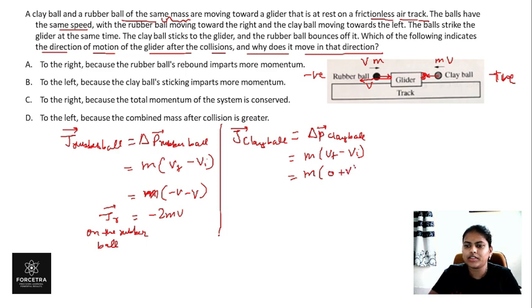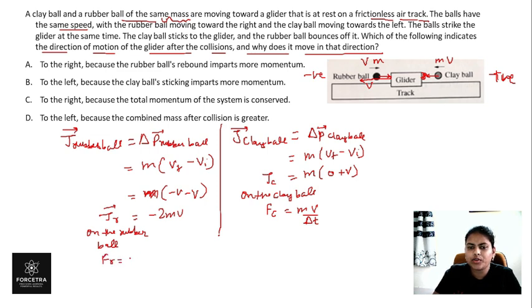So it is positive mv. This is the impulse on the clay ball. Or I can write the force on the clay ball is equal to mv upon delta t. And similarly, the force on the rubber ball is equal to minus 2mv upon delta t.